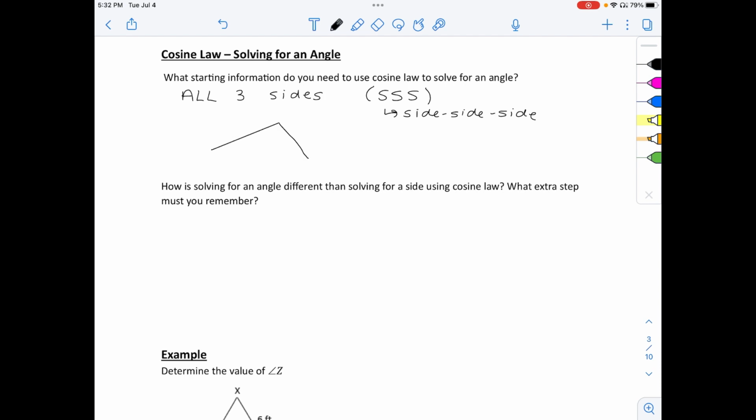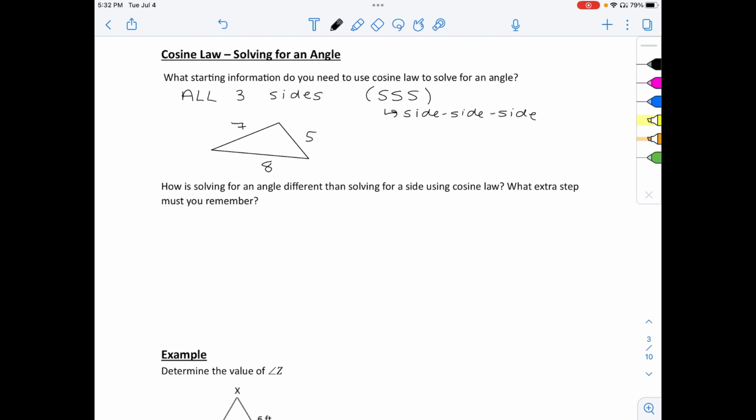For example, if I have a triangle like this, and I know maybe 7, 8, 5, if I have all three sides, I can use cosine law. The formula is the exact same as the one that we use to solve for a side. The only difference is we just have to do a little bit of rearranging.